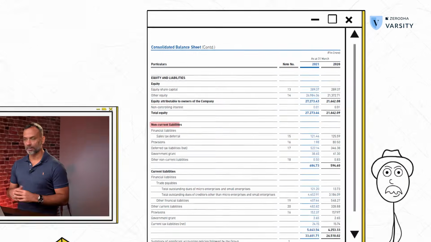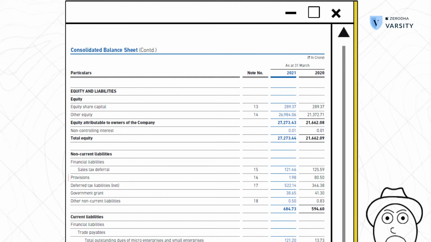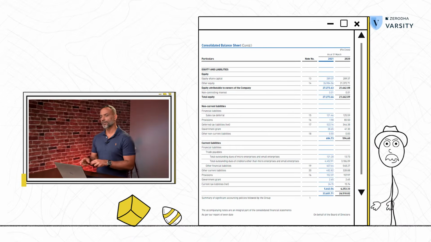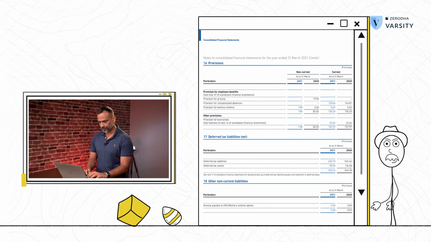So let's take a quick look at some of the line items on the non-current liability side. For instance, in Bajaj Auto, there is a line item which says provisions, and there is also an associated note numbered 16. So you can always go to the associated note to understand the nature of this particular line item. Let me do just that. Note 16 gives me the details of the provisions under non-current liability.